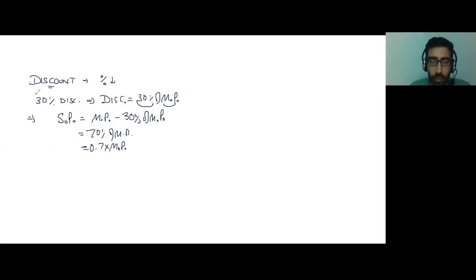So you can directly connect 30% discount with the ratio 0.7: multiply market price by 0.7, and you get your resultant selling price. Okay, cool. If you understand it, it's very good.